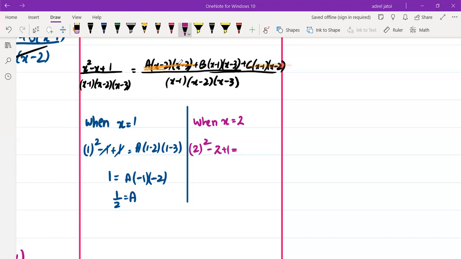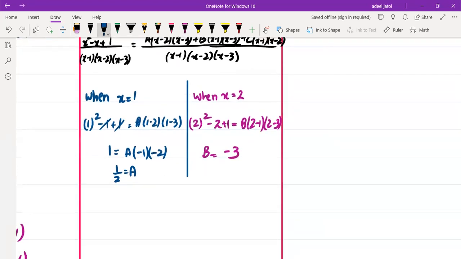So you are left with only b, which will be written as b, 2 minus 1 and 2 minus 3. So the value of b will be 4 minus 2 is 2, 2 plus 1 is 3, whereas 2 minus 1 is 1, so that means the b value will be minus 3.